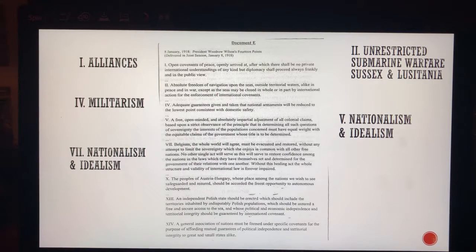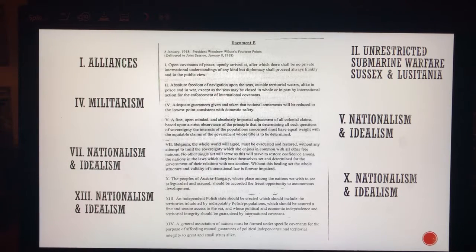The peoples of Austria-Hungary, whose place among the nations we wish to see safeguarded and assured, should be accorded the freest opportunity of autonomous development. Nationalism, idealism. An independent Polish state should be erected, which should include the territories inhabited by indisputably Polish populations, which should be assured a free and secure access to the sea, and whose political and economic independence and territorial integrity should be guaranteed by international covenant.